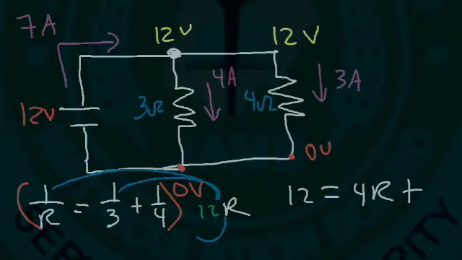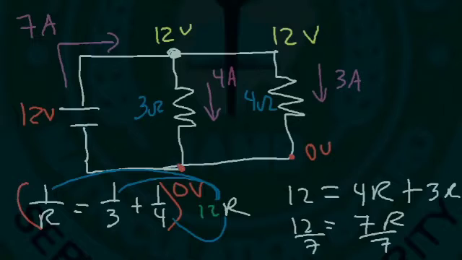And 12R times 1/4 is 3R. 4R plus 3R is 7R. And if you divide both sides by 7, you'll get the same answer. The equivalent resistance is 12 over 7, which is 1 point something.